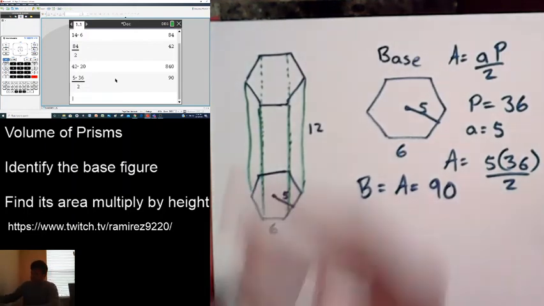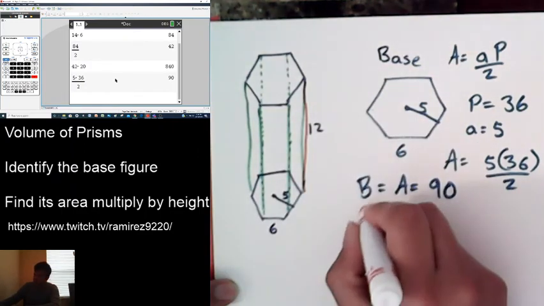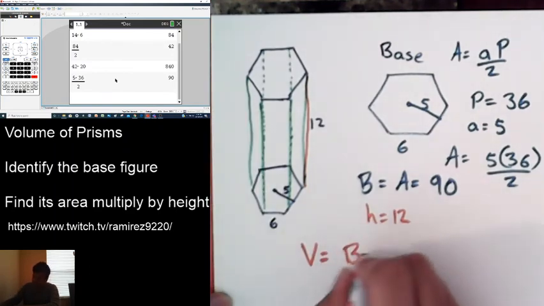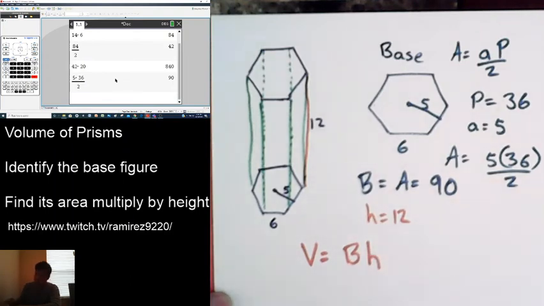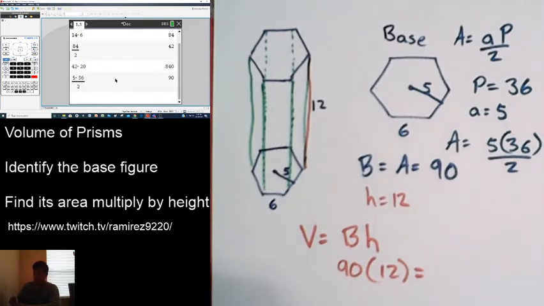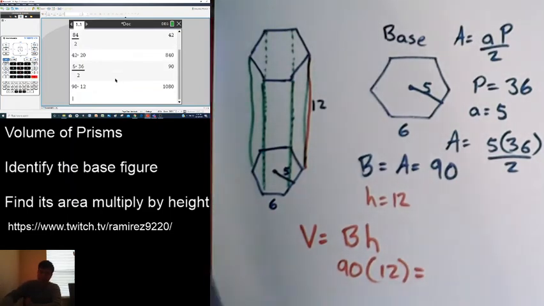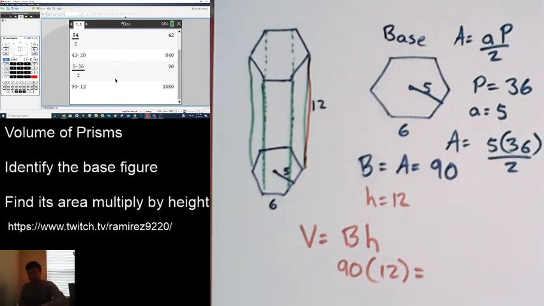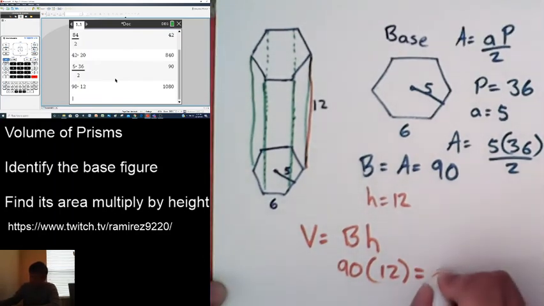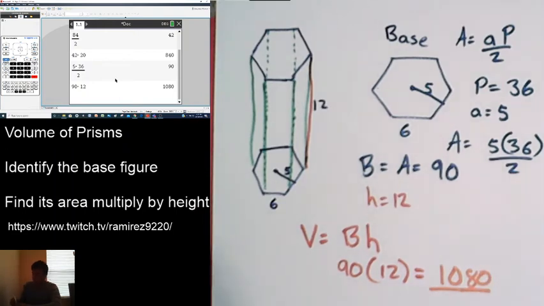The distance between the two hexagons is clearly 12. Now to find the volume, it doesn't matter that the base changed, the volume of a prism is always area of the base times the height. So it's just 90 times 12, and the volume of the figure is 1080 units cubed, whatever they may be.